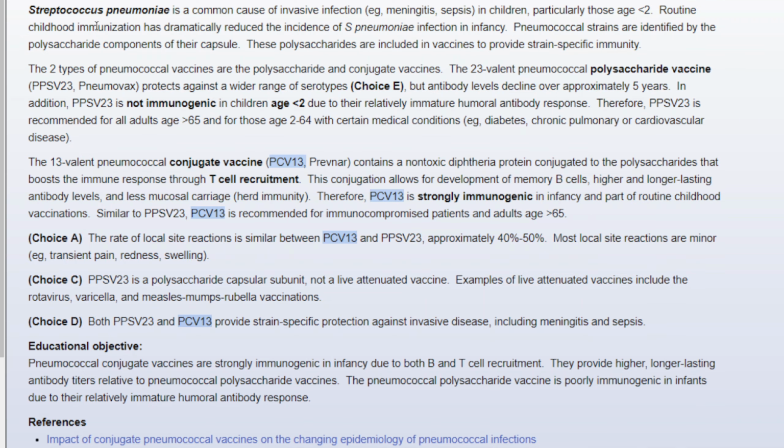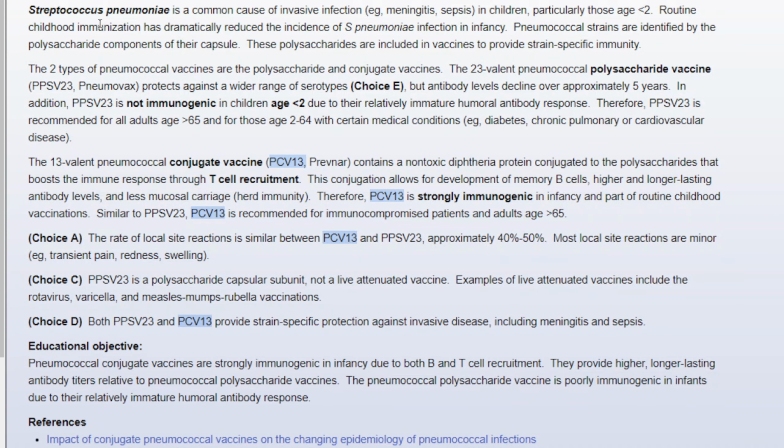Streptococcus pneumoniae is a common cause of invasive infections, for example, meningitis and sepsis in children, particularly those under the age of 2. Routine childhood immunization has dramatically reduced the incidence of Streptococcus pneumoniae infections in infancy. The pneumococcal strains are identified by the polysaccharide component on their capsule.